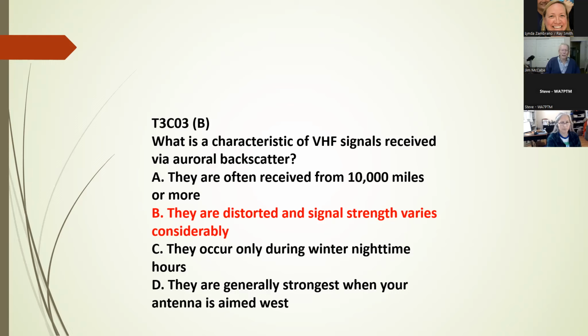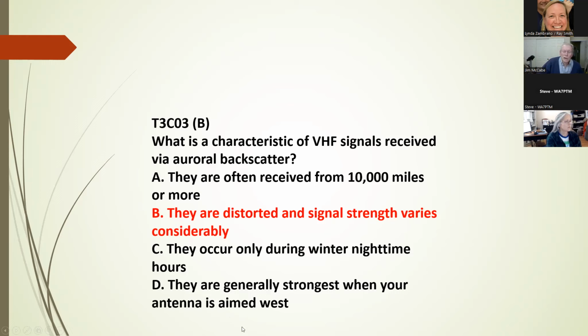But the important thing is to think about what an aurora looks like. Auroras aren't static, they're moving. If you see pictures or videos of auroras, there are waves of colored curtains. And if that's what's reflecting your signal, what's going to happen to your signal? It's going to be distorted and vary in strength, depending on how it's being reflected from this varying auroral display.